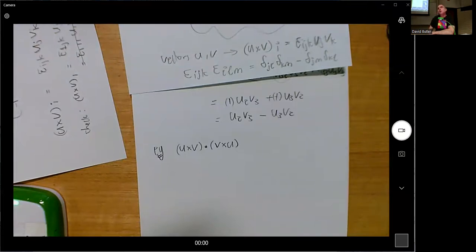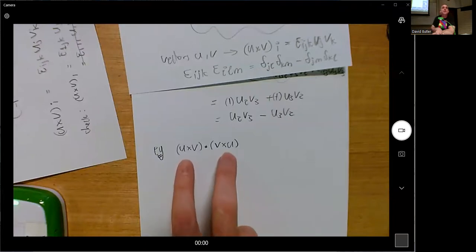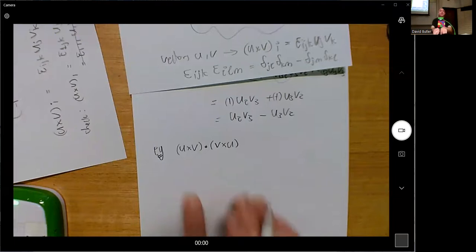It is going to be minus the length of U cross V, right? Because these 2 vectors point in opposite directions. But I just wanted to, so this is a number.